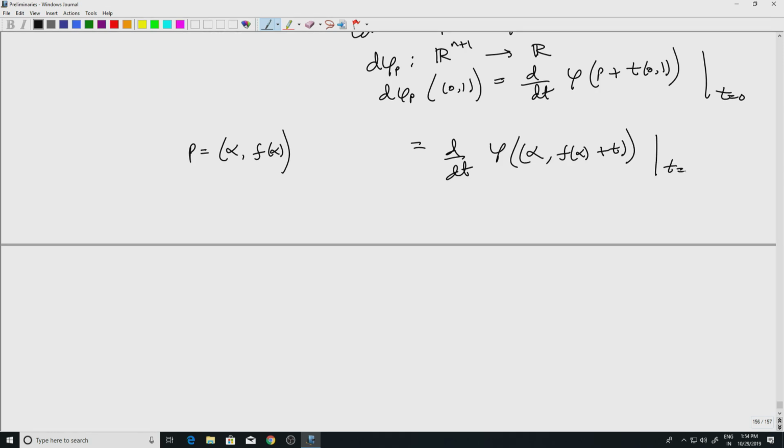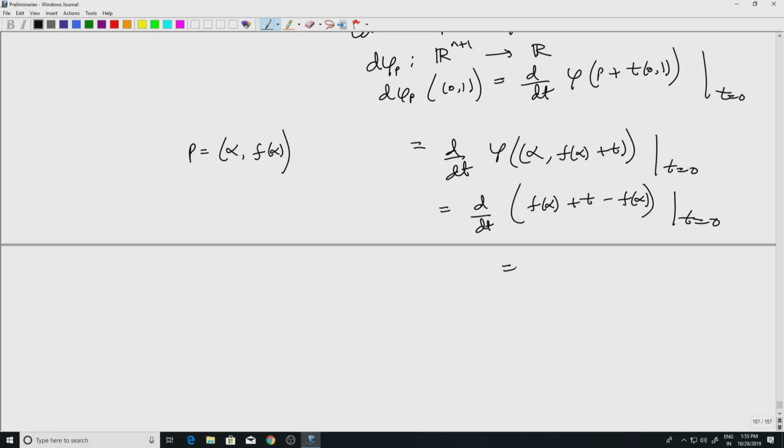At t equal to 0, going by the definition of phi, it's just the second coordinate minus f of the first coordinate, so d by dt of f of alpha plus t minus f of alpha at t equals 0.